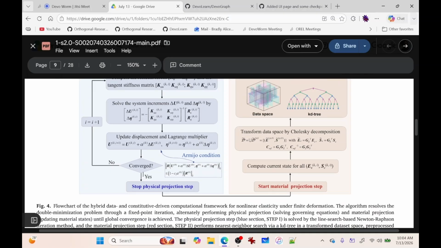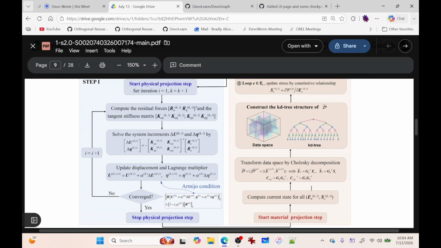And then once the algorithm is actually converged, we stop the physical projection step, and then we move on to the material projection step. To start that, we compute the current state for all EE and SE, which are the stress strain pairs. We transform the data space by Cholesky decomposition, which is listed here.